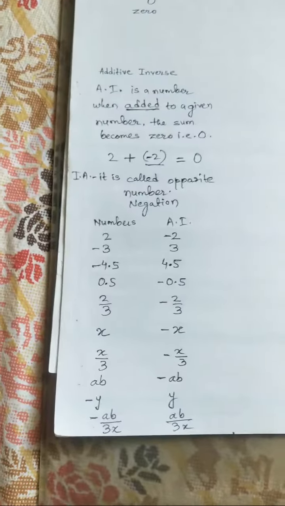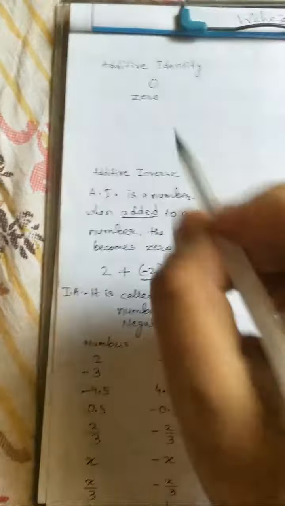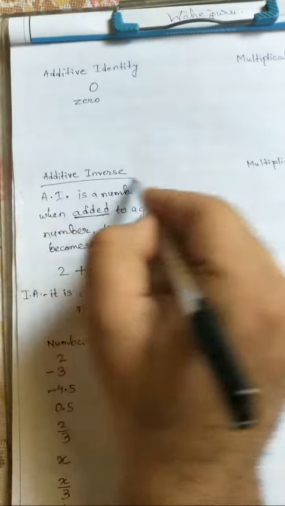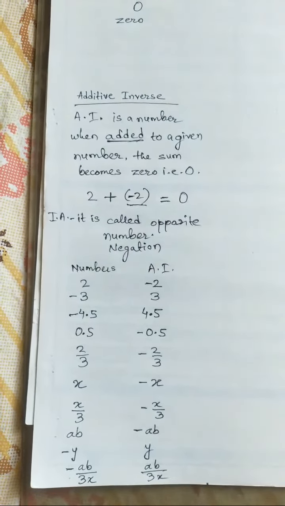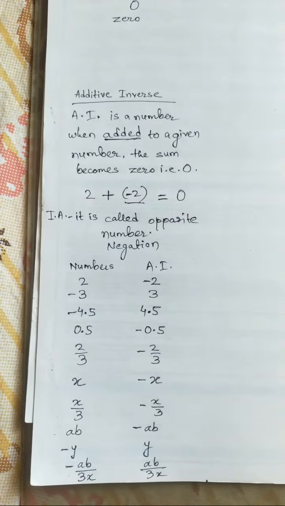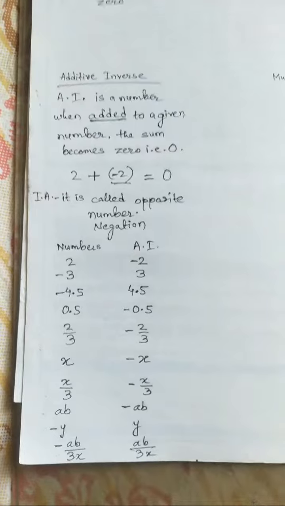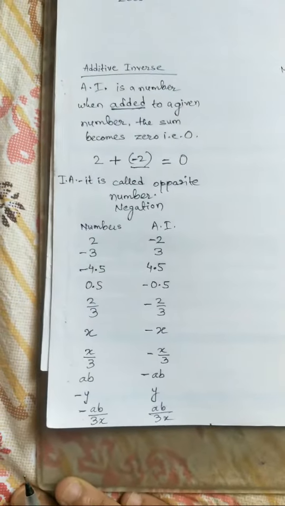That will be your additive inverse. So additive identity is 0, and additive inverse means the number which, when added to a given number, gives 0, the additive identity. It is also called the opposite number or the negation of the number. And we have seen various examples here.